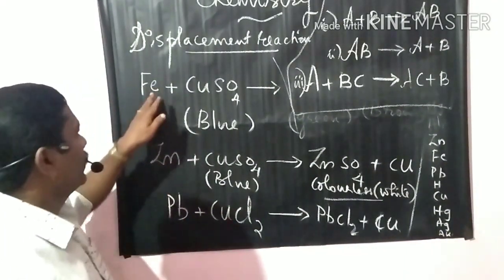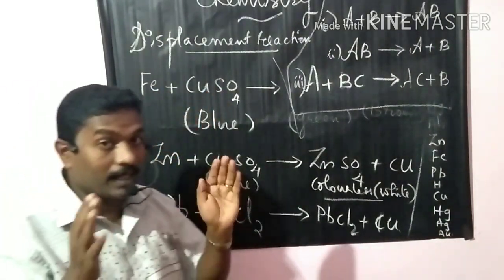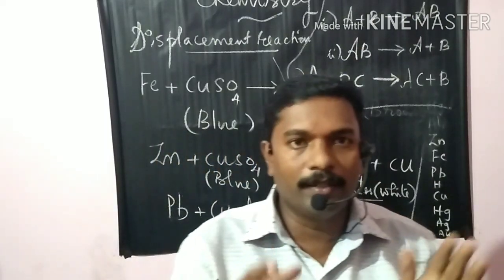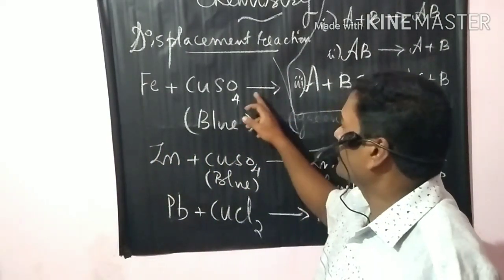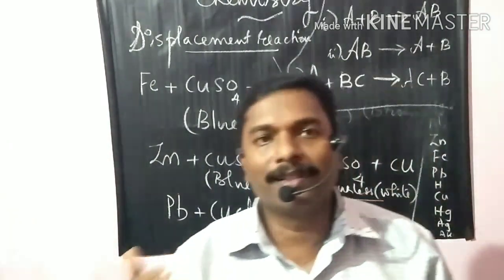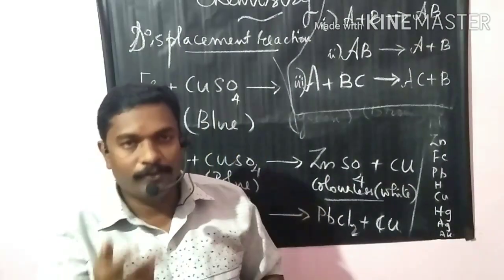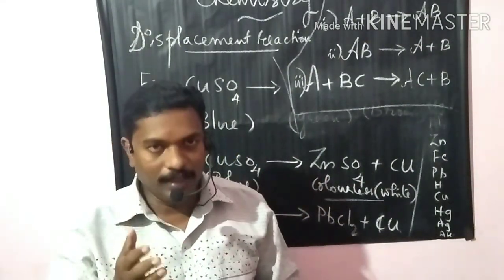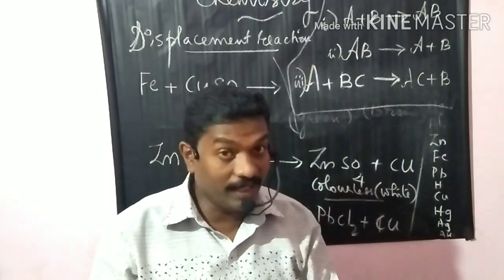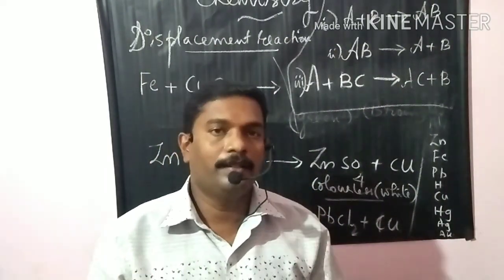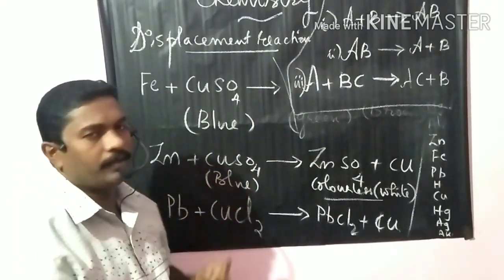So for that we discussed three reactions. Which are they? First one, iron with copper sulfate. When an iron nail is immersed in copper sulfate solution, after 20 minutes, what will happen? The blue color will change to green. Why? The copper sulfate changed to ferrous sulfate. Similarly, the iron nail changed to brown; that is, it becomes a copper nail. Then second one, zinc with copper sulfate.